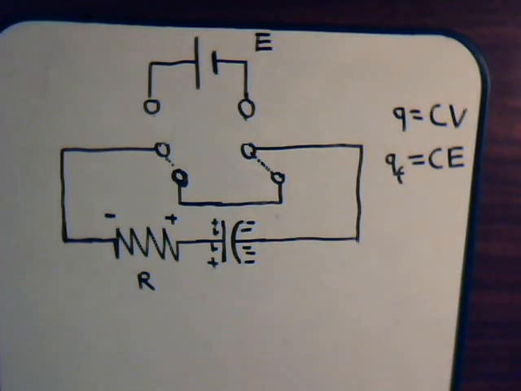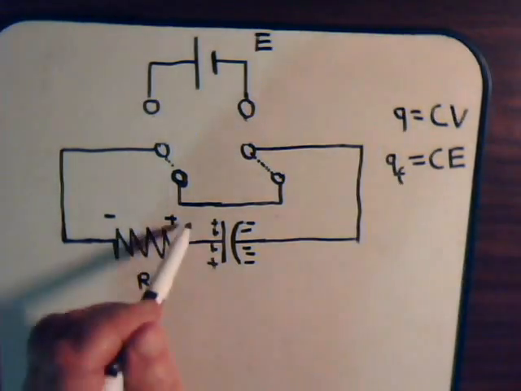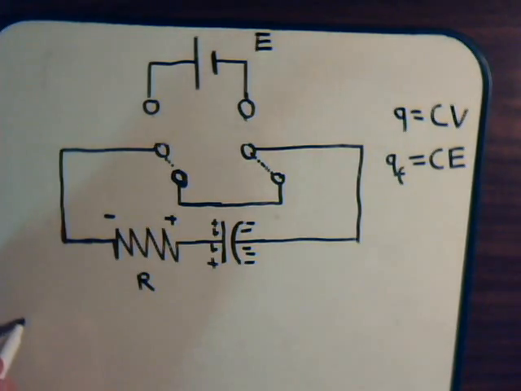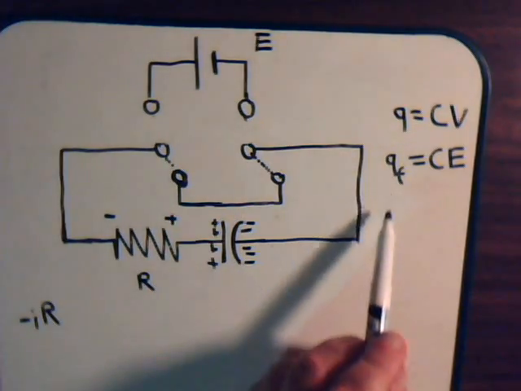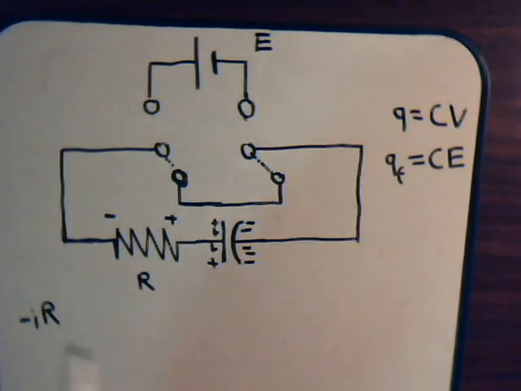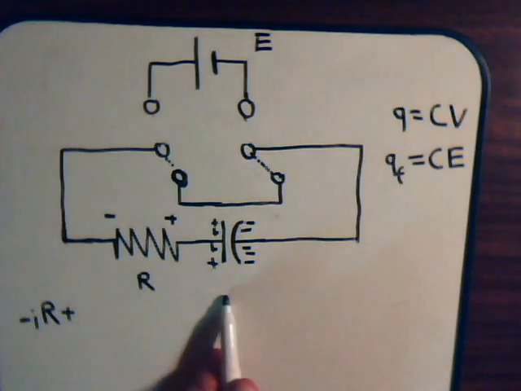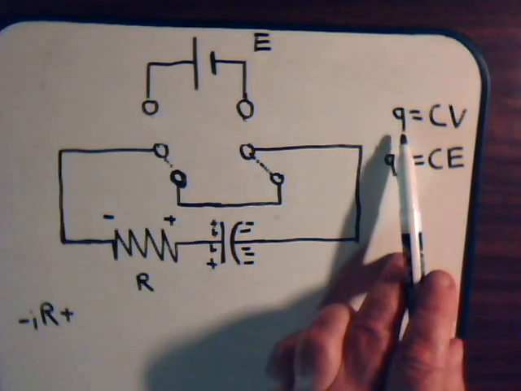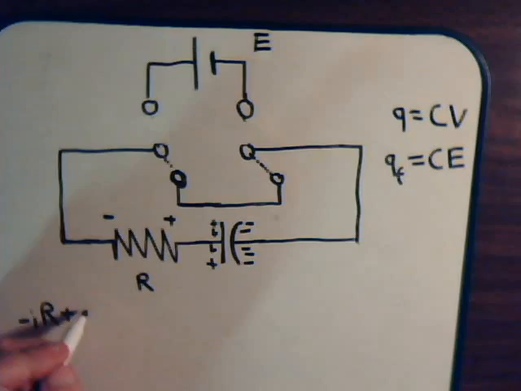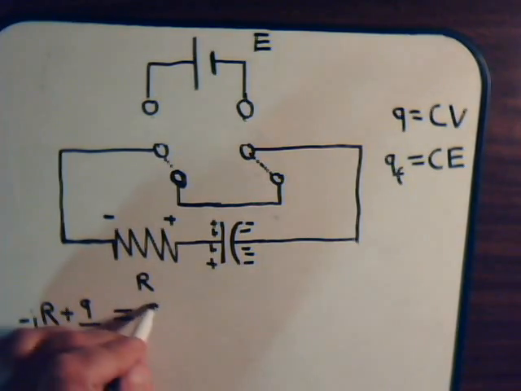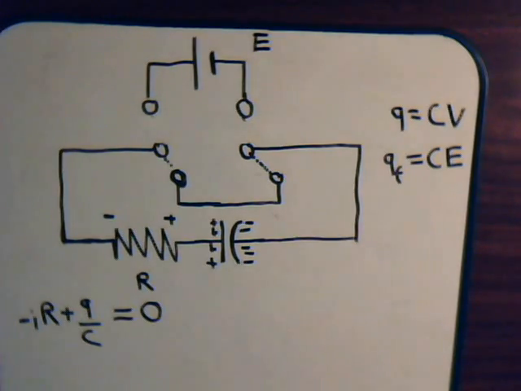So if we sum the voltages across, go ahead and say in this direction, here we'd have minus IR. Then we go across. Here we go minus to plus, simply plus the voltage across the capacitor, and in general, that's just Q divided by C. Of course, those voltage drops, the sum of the voltages across the circuit have to be zero.